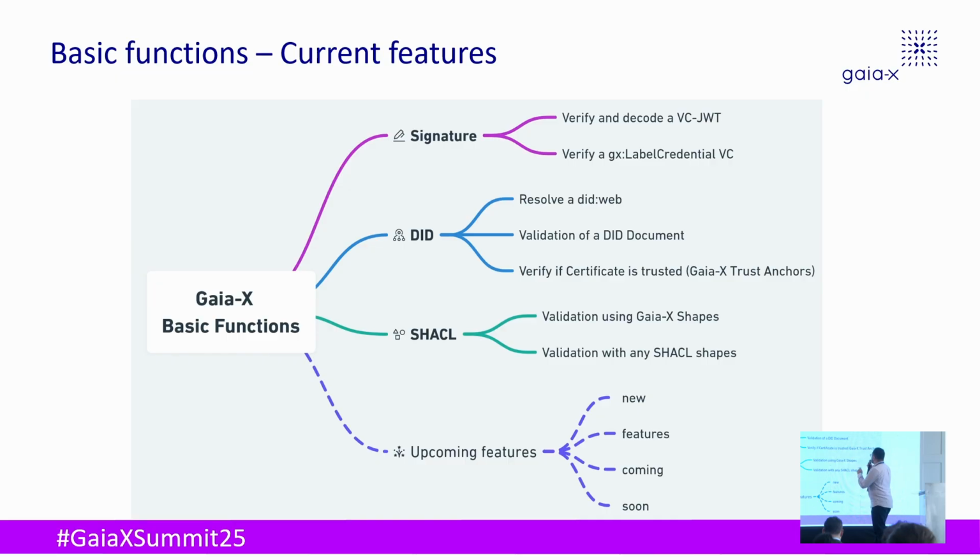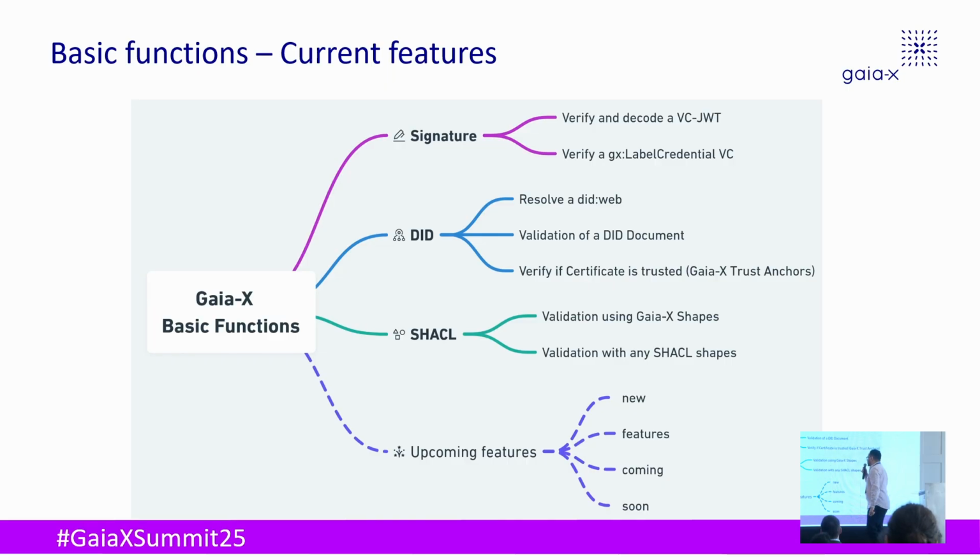There's a validation, and this is optional. It can either verify or not the certificate that's in the DID, an attribute in the verification method of the X5C or X5U certificate. You can check if it's trusted or not by Gaia-X, so the trust anchors, which should be either EV SSL or eIDAS for the production environment.